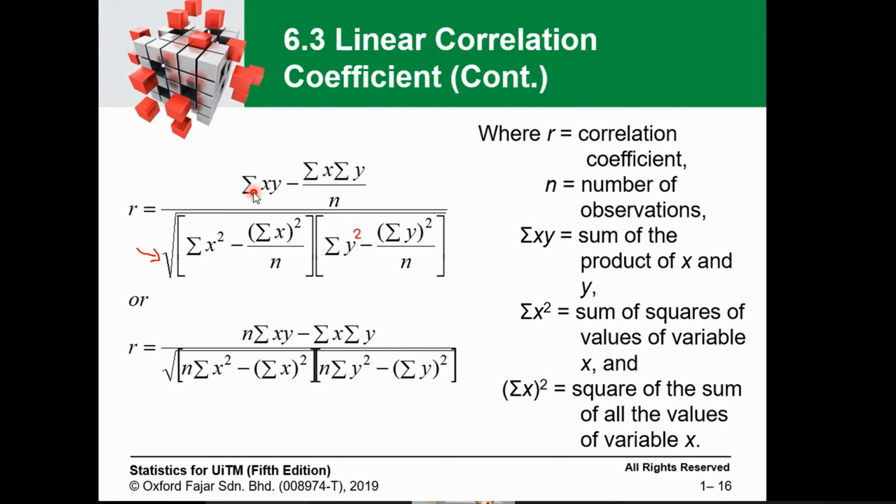What does sum mean? Because here we have many observations, which means many x and many y. For example, if you remember, we were talking about salary and car price. The first observation is a person whose salary is 5,000 and car price is 10,000.